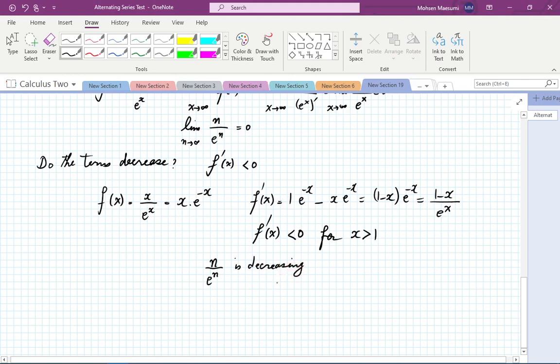Okay, when both of these conditions are met, then we can make the final conclusion that the sum of minus 1 to the power of n plus 1 times n over exponential of n is what? Is it convergent or divergent? What we have shown is that it is a convergent series. Okay.